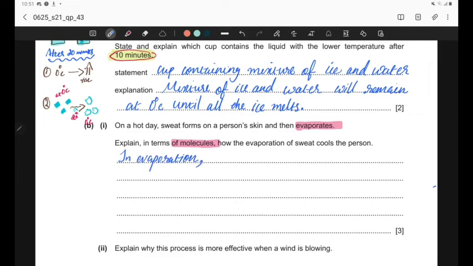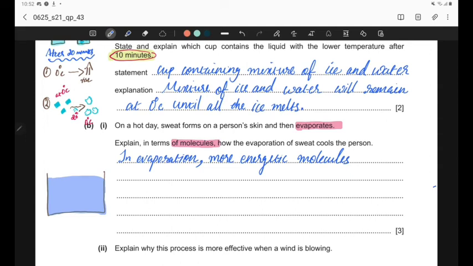So we can write that in evaporation, the more energetic molecules, that means the molecules with high kinetic energy, will always be present at the surface of the liquid. I will just explain the process of evaporation. If you have a container with some liquid in it and it doesn't have a lid, the container is open and there will be water molecules.